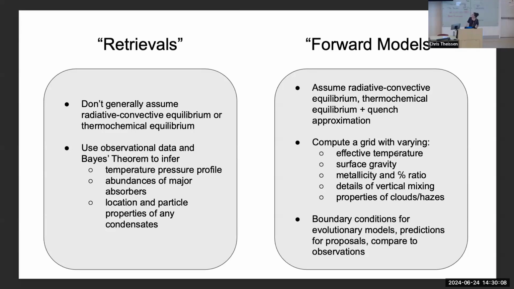On the other side, we have forward models, where we make assumptions about the physics that we think is going on in these objects, and we try to predict what they'll look like as we vary some fundamental parameters: their effective temperature, their surface gravity, what they're composed of. These are very useful for making boundary conditions for those evolutionary models that Sam was talking about. We can use them to predict things for proposals, and, what I'm doing here, compare them to observations.